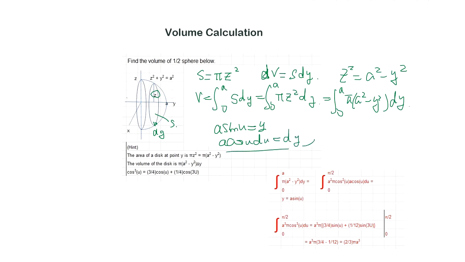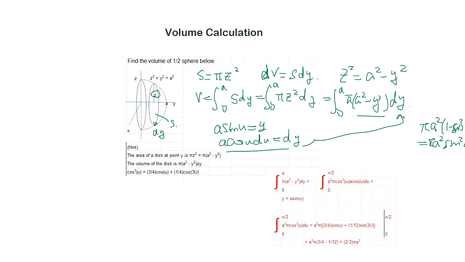So we plug in this one here, and here it's going to be pi a squared times 1 minus cosine squared u, which equals pi a squared sine squared u, right?